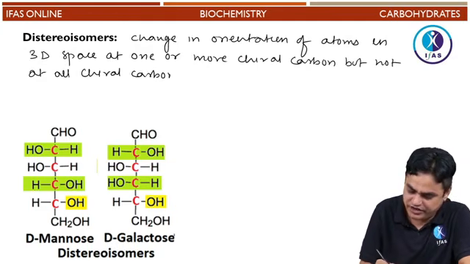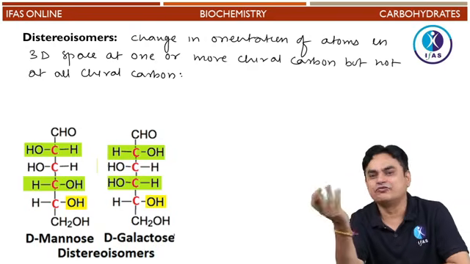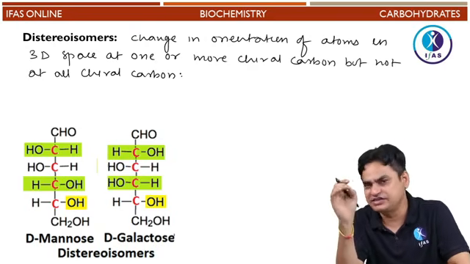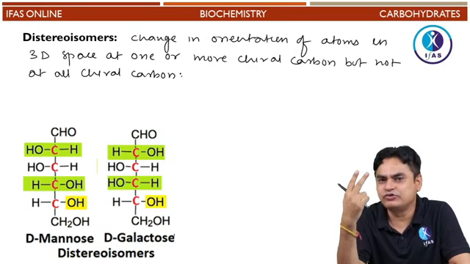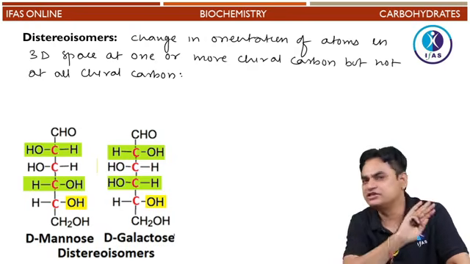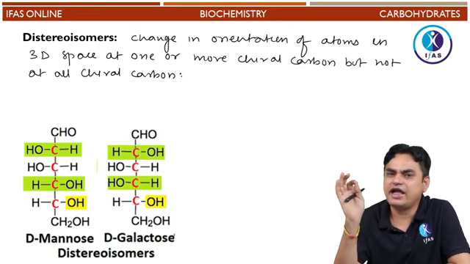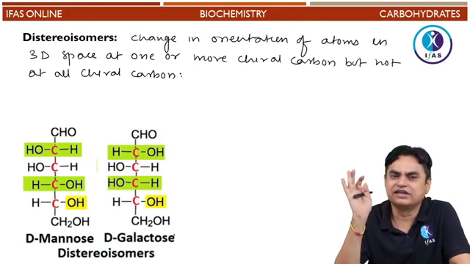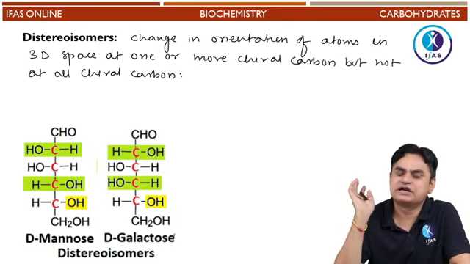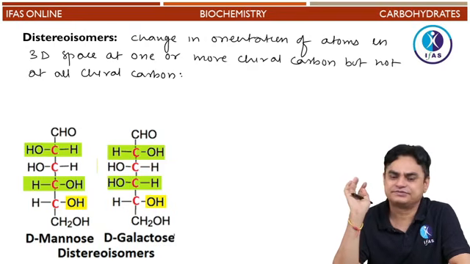If it would have been at all chiral carbons, then it would be a mirror image. So we are saying that there is a change that could be on one carbon, on two carbons, on three carbons, but it is not on all the carbons. And if it is not at all the carbons, then it would be referred to as diastereoisomers.